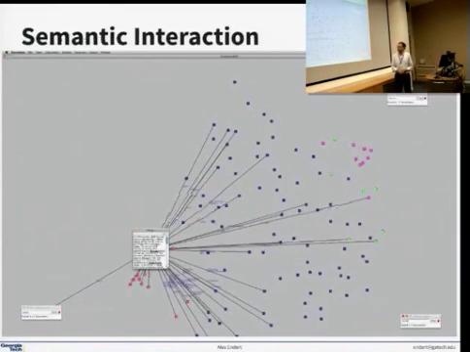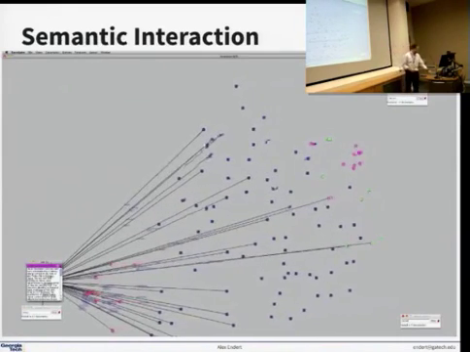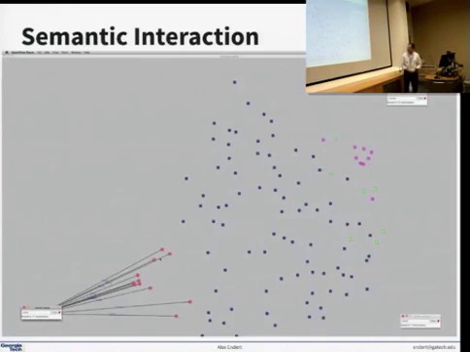Here's another example. Why don't I talk about it before the video starts playing? This was my dissertation work at Virginia Tech, and it's another example of putting the control of the visualization directly into the visualization. The use case here is intelligence analysis of text.